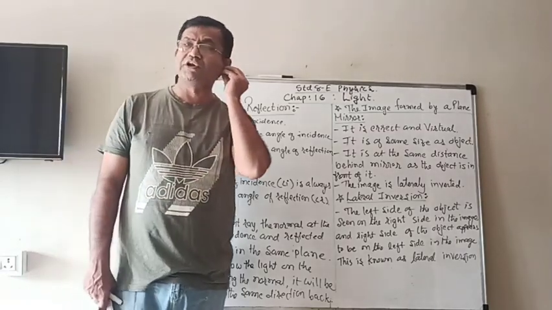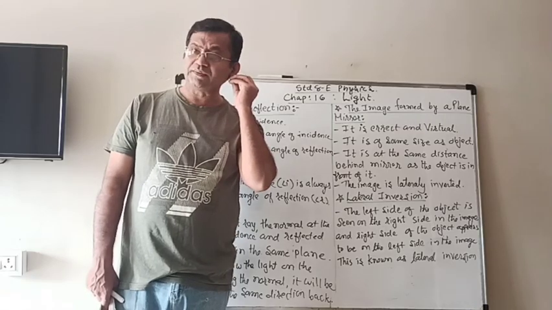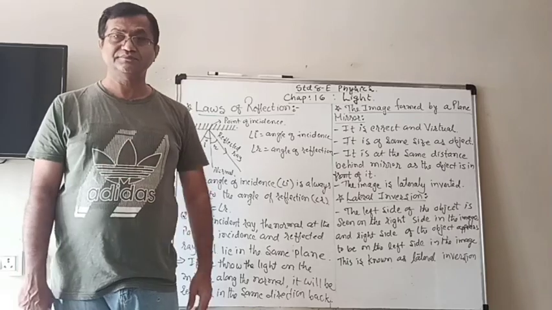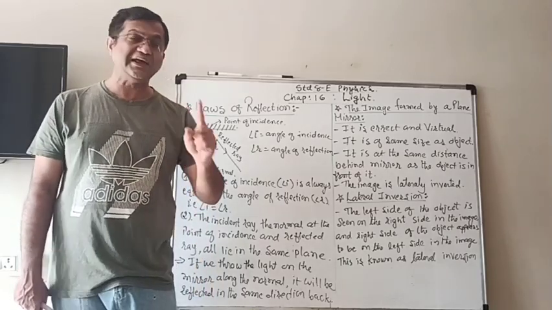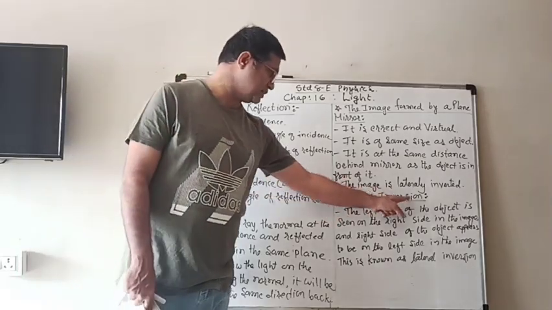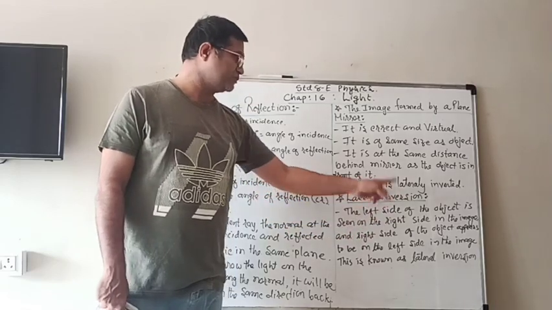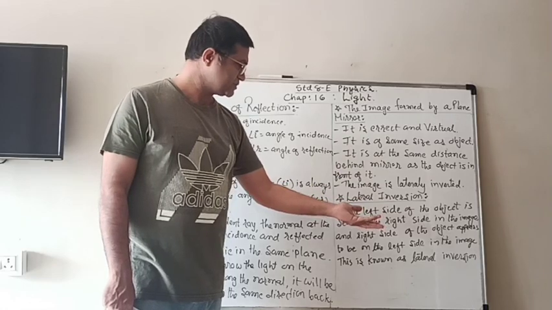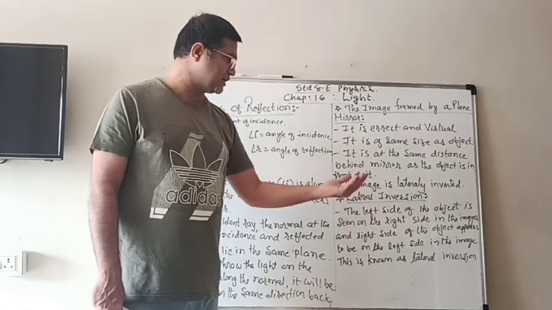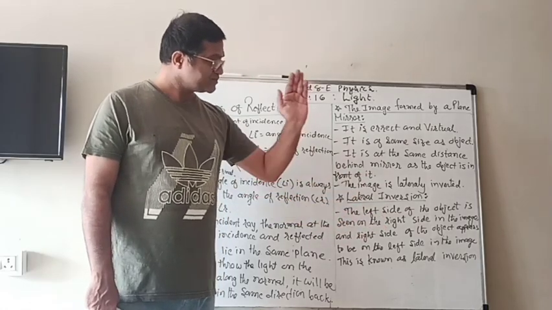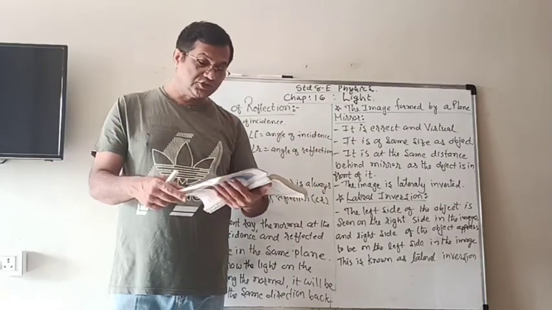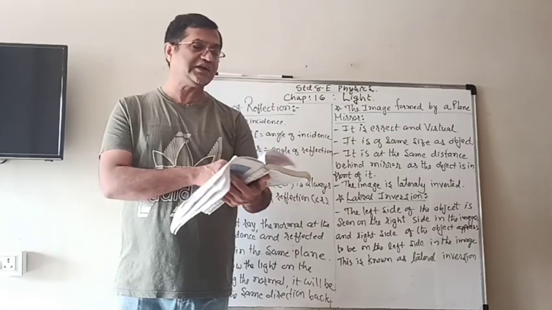Similarly, if you hold your left ear, the image will hold its right ear. So that is called lateral inversion. The left side of the object is seen on the right side in the image, and the right side of the object appears on the left side in the image. This is known as lateral inversion.